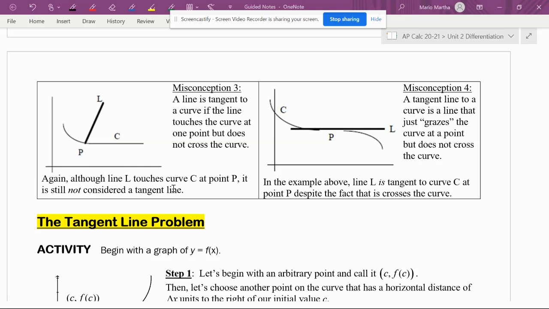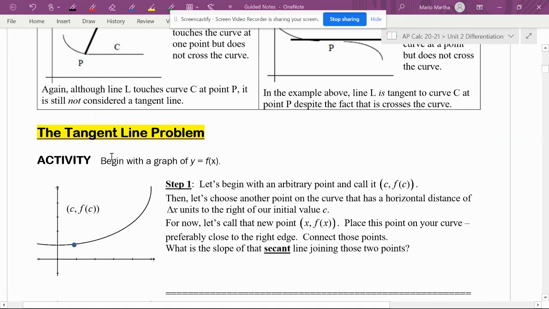Although line L touches curve C at point P, it is still not considered a tangent line. And misconception number four: a tangent line to a curve is a line that just grazes the curve at one point but does not cross the curve. In the example above, line L is tangent to curve C at point P, despite the fact that it crosses the curve. It's still touching here, even though it's going to cross over somewhere eventually. So that's pretty much how we define what a tangent line is.